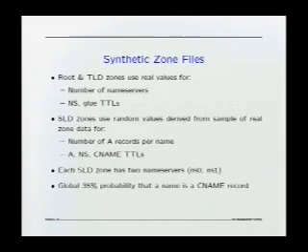So I took a sample of real data and then used that sample to generate random values. Again, here trying to mimic the number of address records per name and the TTLs on address, name server, and CNAME records. One thing that's a little different than reality is each second-level domain has just 2 name servers, and this last measurement, this 35% probability that any name is a CNAME record, was actually based on actual measurements as well.